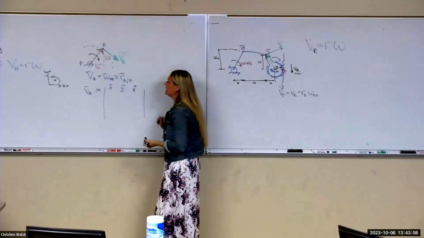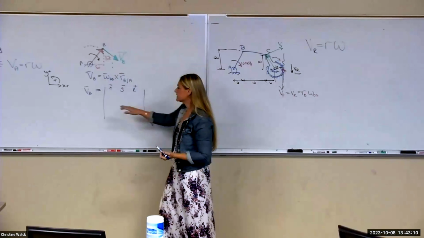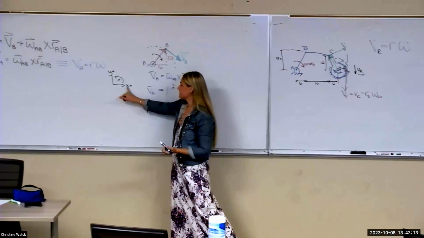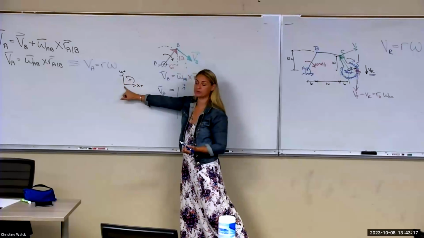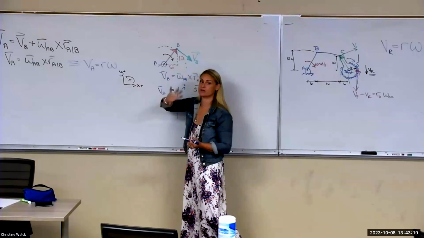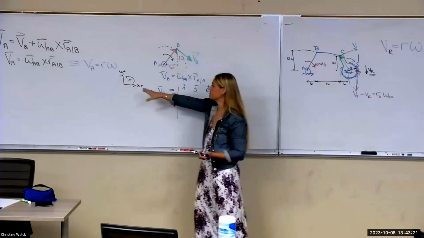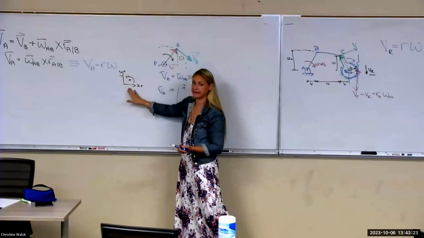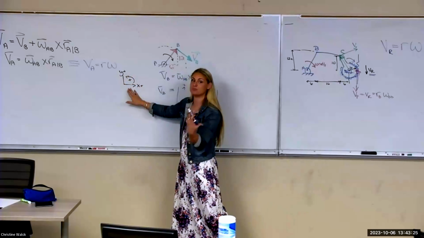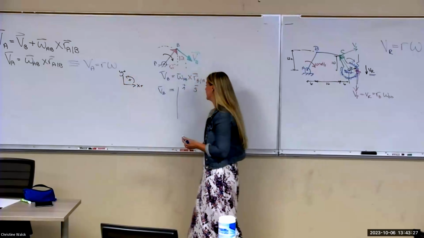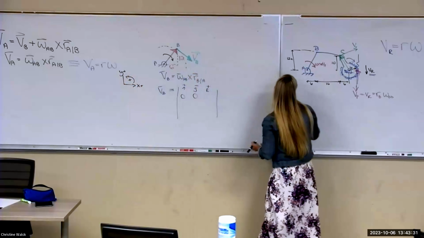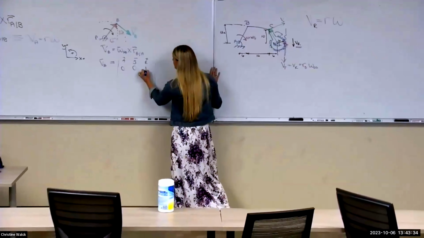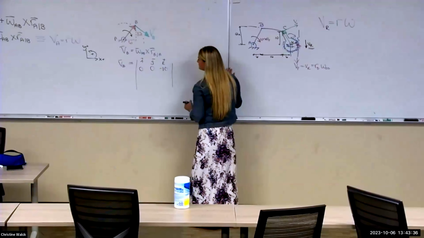Omega is in the K. If my coordinate system was Y and Z, then my omega would be represented by X. It's always the third variable. But here, my motion occurs in the XY plane, which means it occurs about Z. So this is going to be 0, 0, omega AB is 10, and it is in the negative direction.